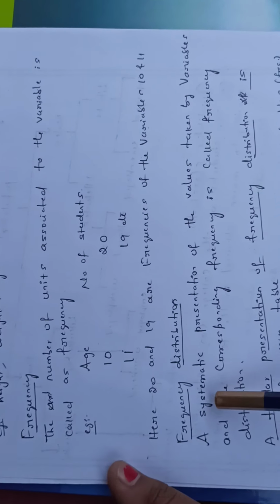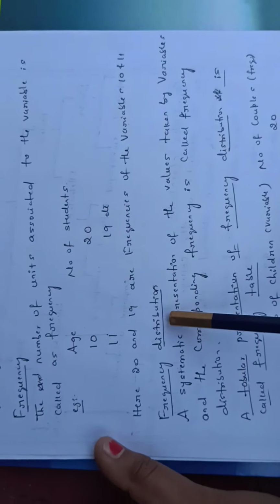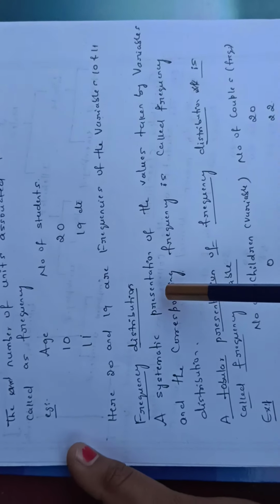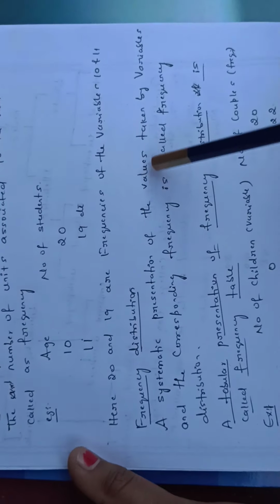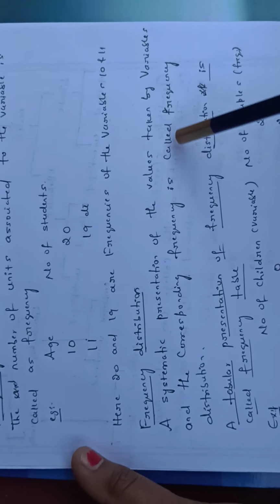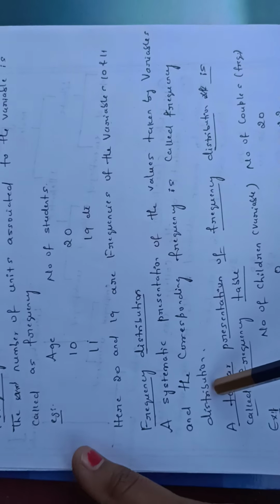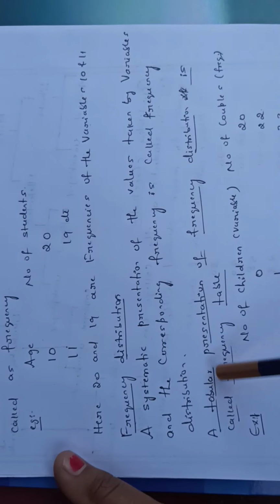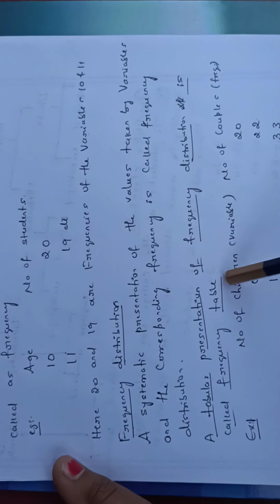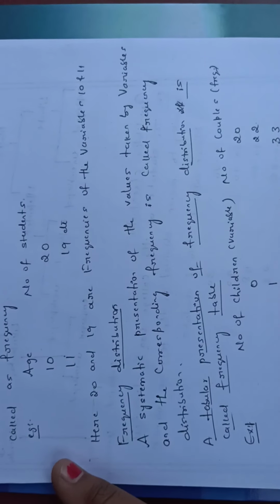Next we have the definition of a frequency distribution. The definition is: a systematic presentation of the values taken by the variable and the corresponding frequencies is called a frequency distribution. A tabular presentation of a frequency distribution is called a frequency table. Here we have a frequency table.